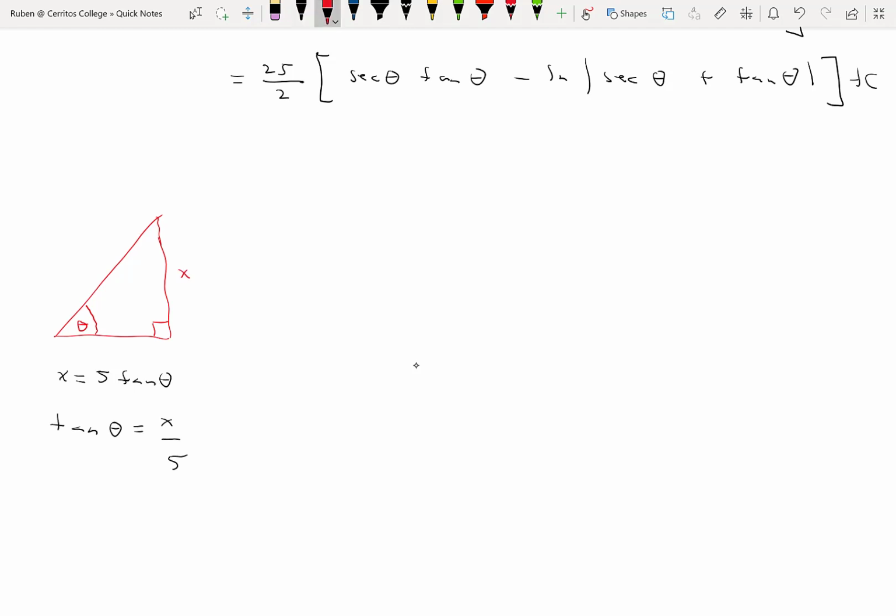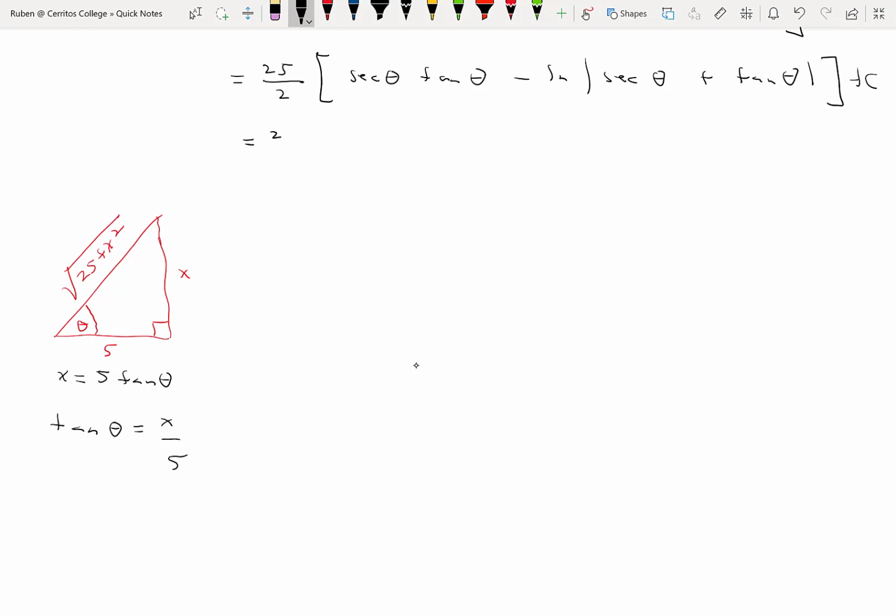Tangent is opposite over adjacent. Pythagorean theorem will give us the square root of 25 plus x squared. No coincidence that square root of 25 plus x squared is what's underneath our integral sign to begin with. This always happens. Okay, so let's get this done here.